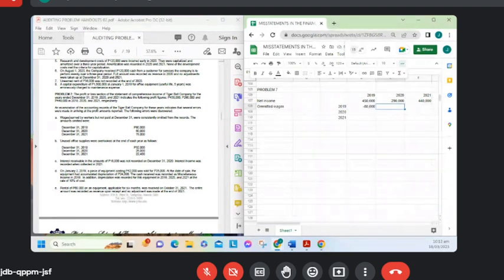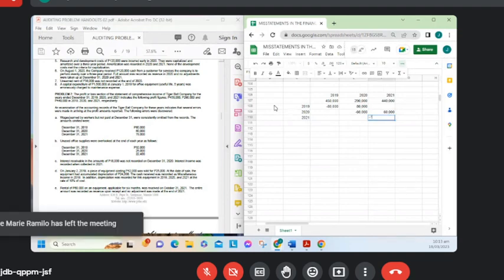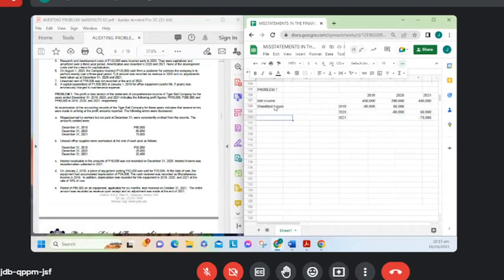So counterbalancing amount is 80,000. So when it was paid in 2020, di ba, it was recorded as expense. 2020, there is a 60,000 understatement in expenses resulting to overstated net income, and then understated expenses of 78,000 in 2021 resulting to overstated net income.